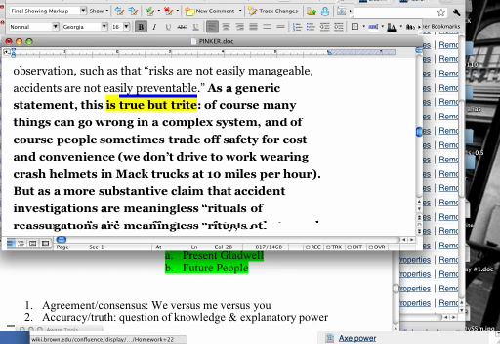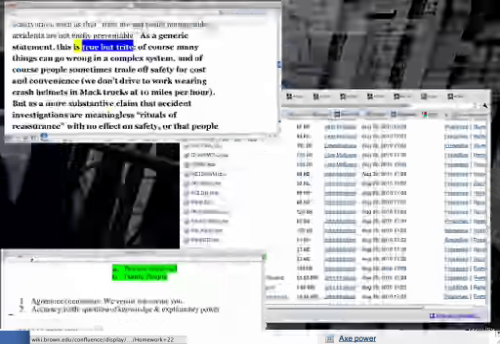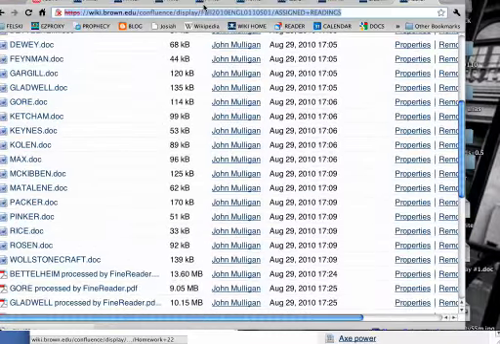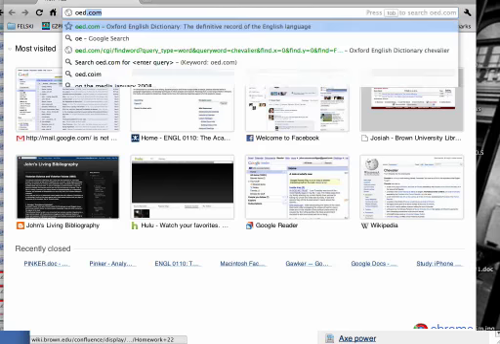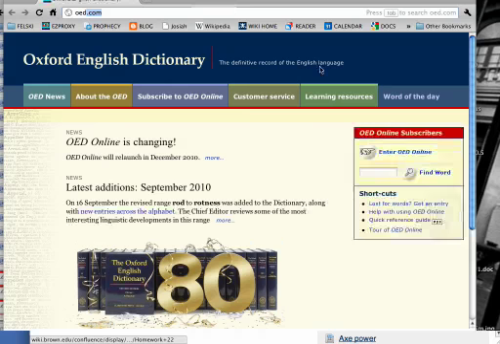So what does true but trite mean? What does trite mean? Okay. Now remember, as you're doing your research paper, you're going to come across a lot of very complex concepts. Always look them up.